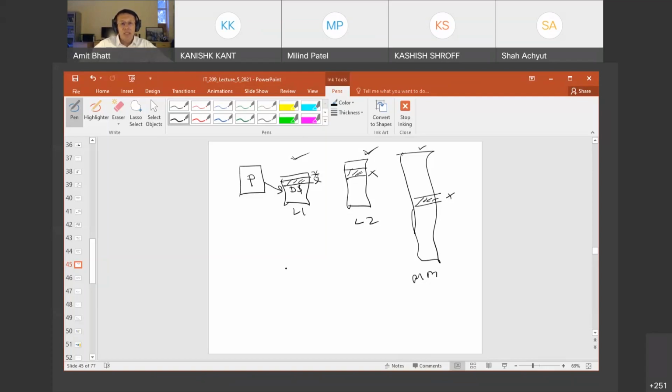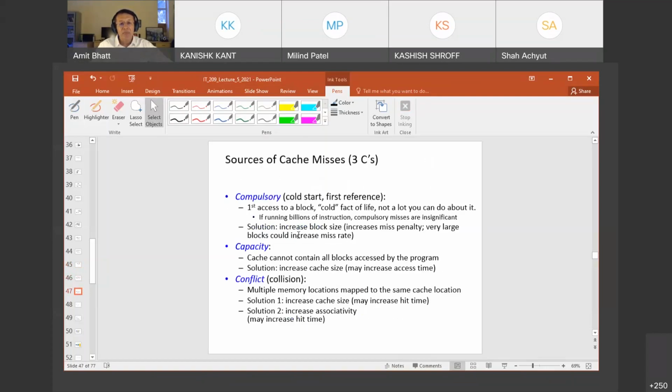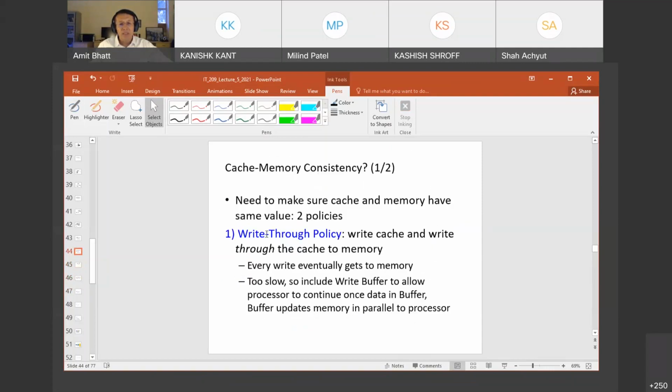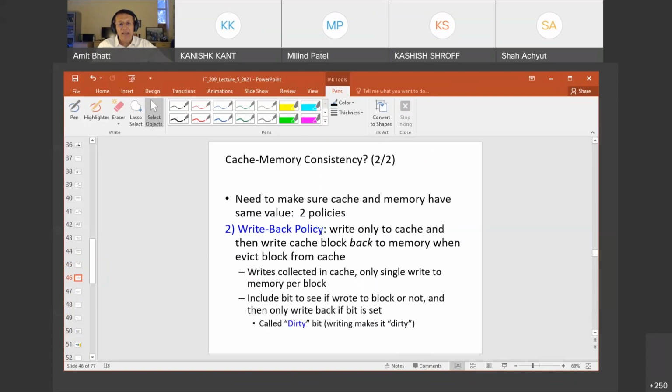Okay, so these are two policies. Now these two policies, write through and write back, are applicable only when a processor wants to write into a block and that block is present in L1.